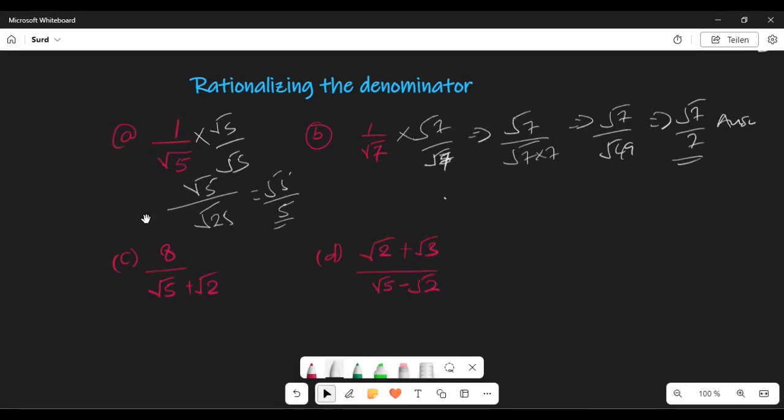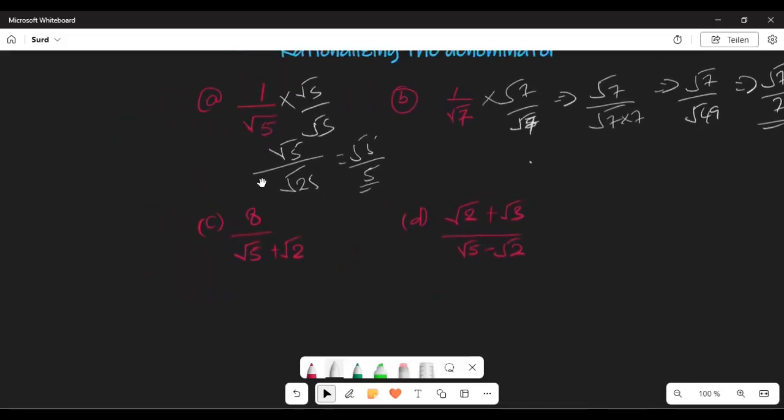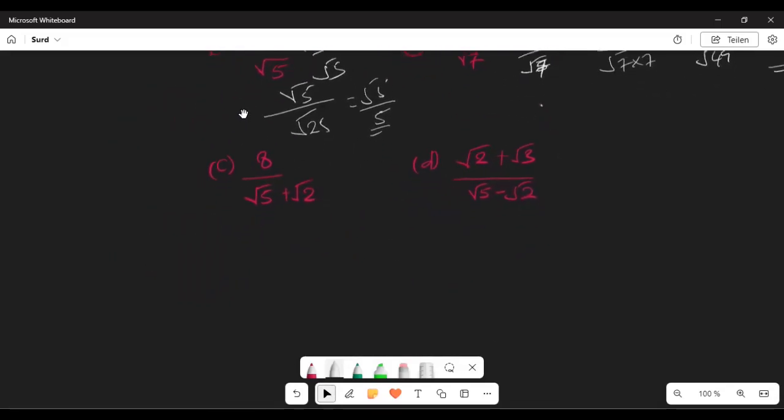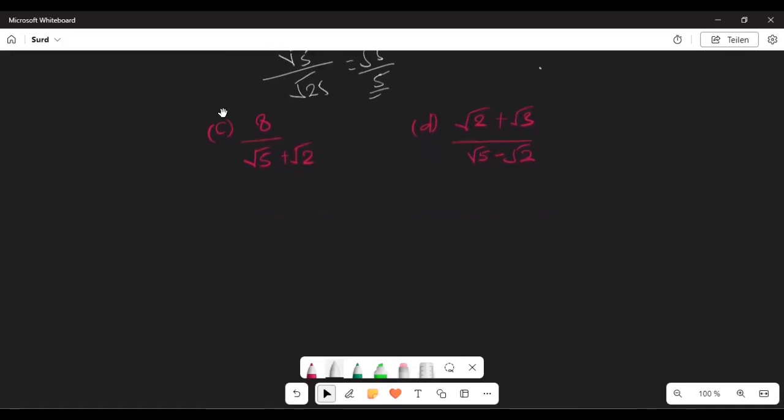Now let's look at C and D and see how we can handle them. So we see that we have 8 over root 5 plus root 2. In this case, it's easy.